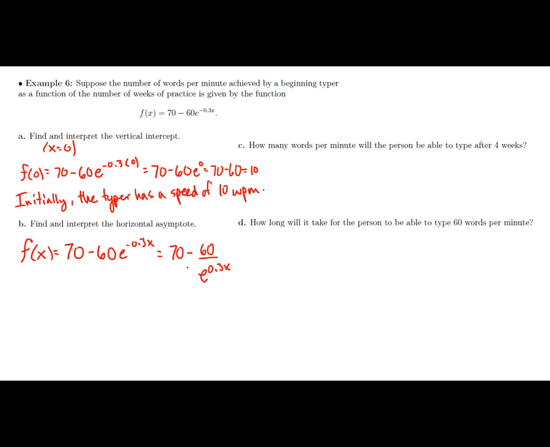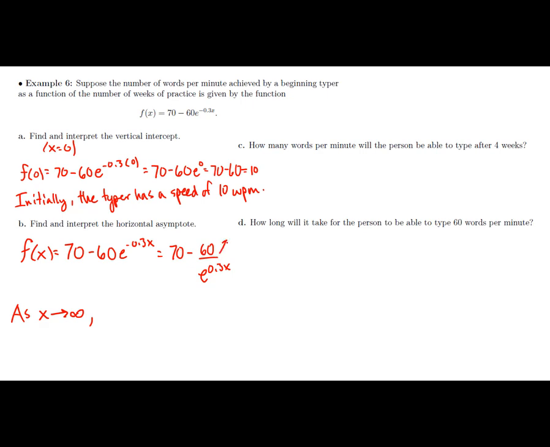All right, so looking at it like this, let's think about what happens as x gets really, really big, or as x goes to infinity. What happens to f of x? Well, over here, the bottom gets really, really big. So I have 60 divided by a really, really big number. And if I take 60 divided by a really, really big number, like 60 divided by 1,000,000, we know that number is getting really close to 0.